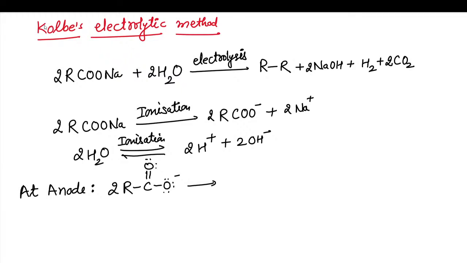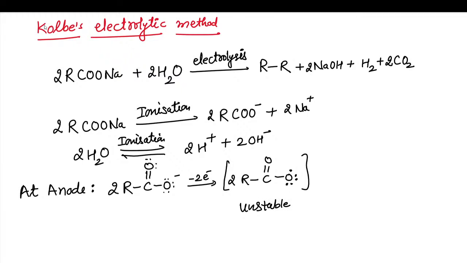Now when 2 electrons are lost, we get 2 moles of carboxylate free radical, and this free radical is highly unstable.